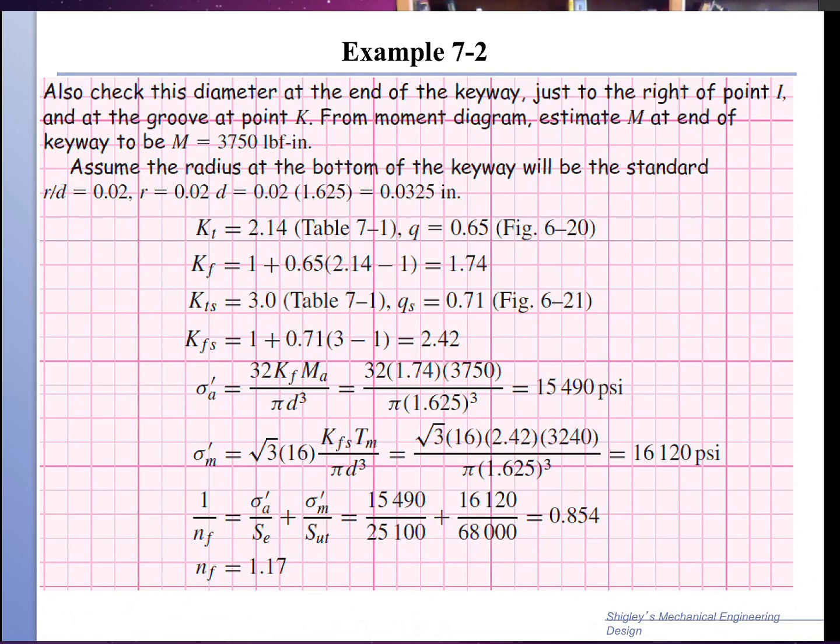Then next we check the diameter at the end of the keyway, just to the right of point I, and at the groove at point K. So we need to check a little bit more.